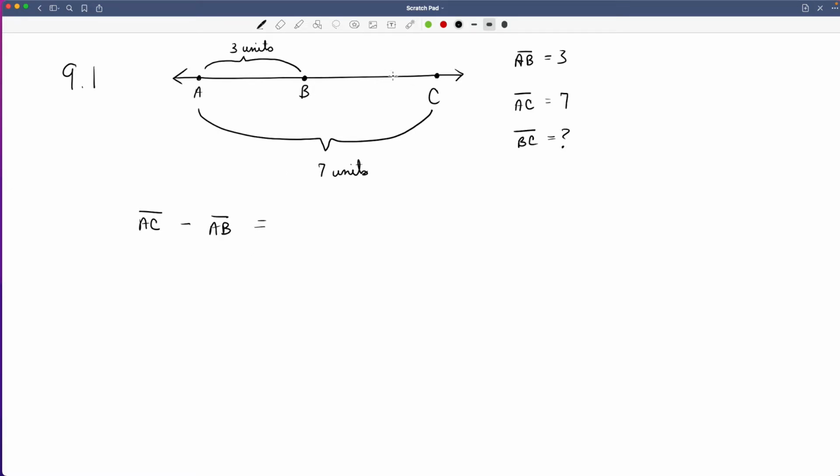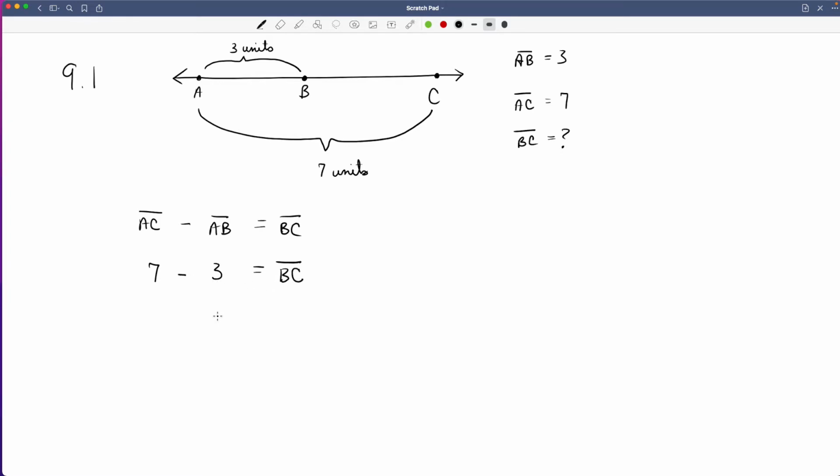So now that we know what we're going to do, we're going to take the values of those lines, the length of those lines, and drop them into the problem. So AC is 7, so I write 7 for the AC minus AB. AB is 3, so we put 3 in here. 7 minus 3 is 4. 4 is the length of line segment BC.